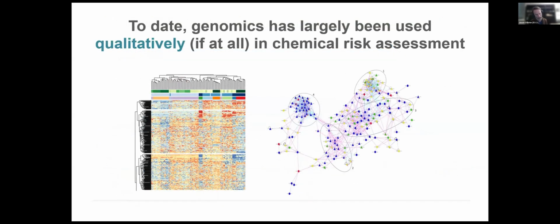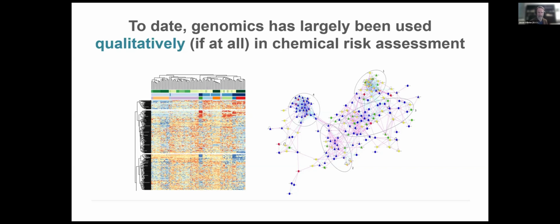Now, the promise of toxicogenomics, of course, has been around for quite some time, but to date, genomics has not really been used quantitatively in chemical risk assessment. It's been used more in a qualitative way, if at all. And this is largely because the kind of classic ways of doing genomics research doesn't really fit into this traditional risk assessment paradigm that I showed you before.